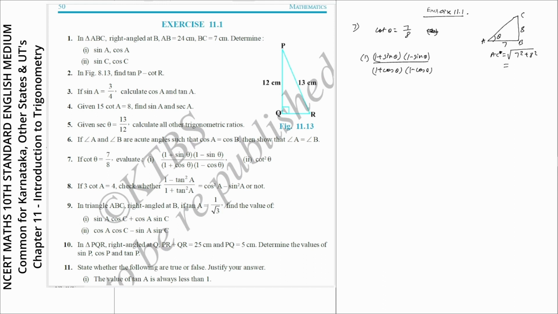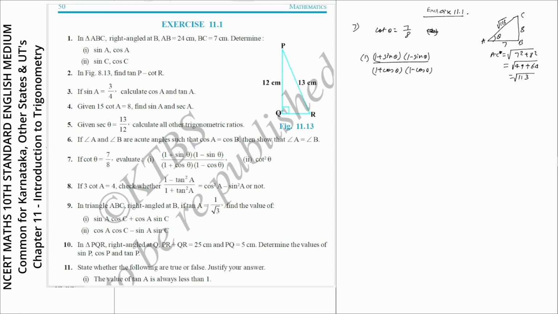So 7 7s are 49 plus 8 8s are 64, that is 113. So square root of 113 is AC. Now evaluate 1 plus sin theta.